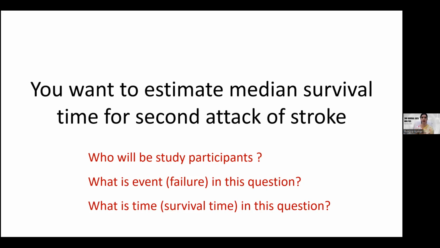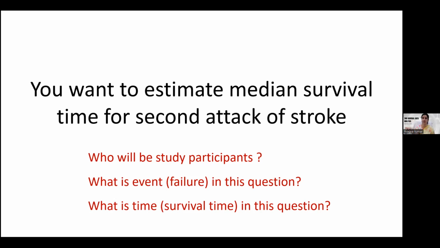So the time will be the time after which recurrence happens, for those who have had it, the time between the first and second attack. So how will you define the survival in this case? Survival is for those individuals who did not have this second attack of stroke.